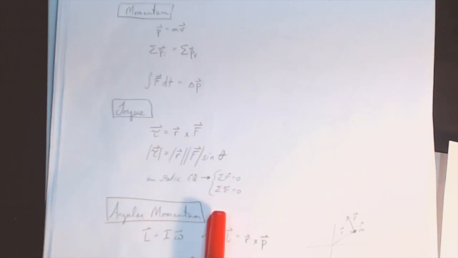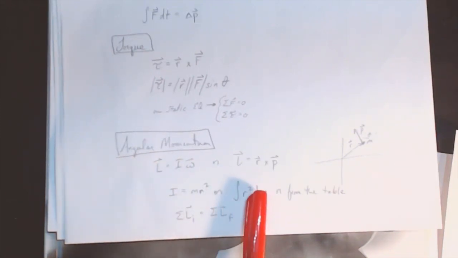You can place your axis of rotation on top of one of the forces you don't know in order to remove it from the equation, because the torque would be 0 if the force is acting at the axis of rotation. And so that removes that unknown force from your equations, allowing you to solve for the other one. This is something to always bear in mind when you're doing static equilibrium problems.